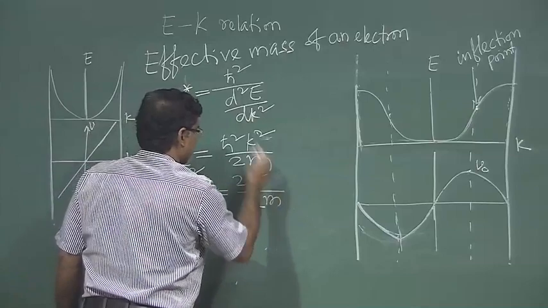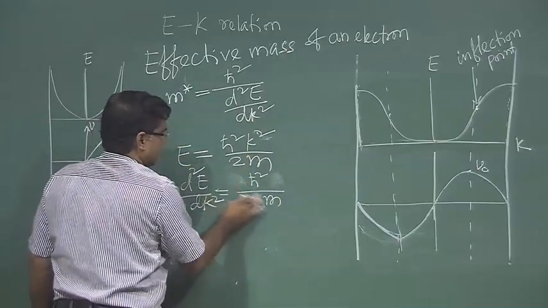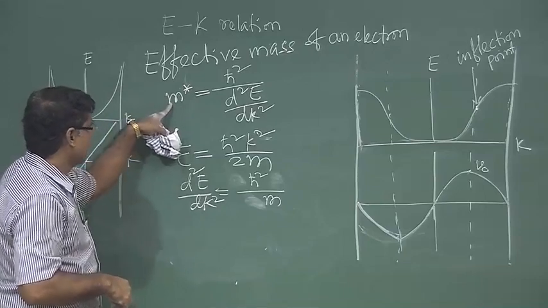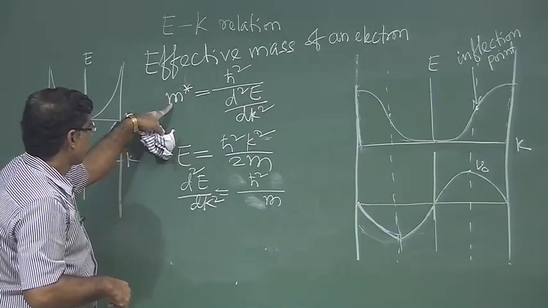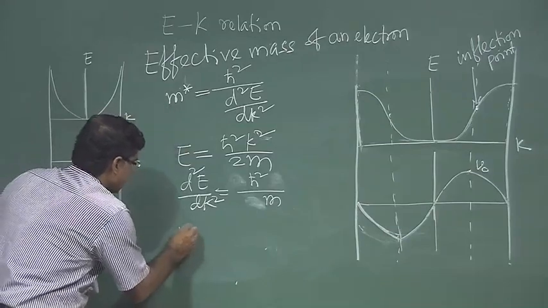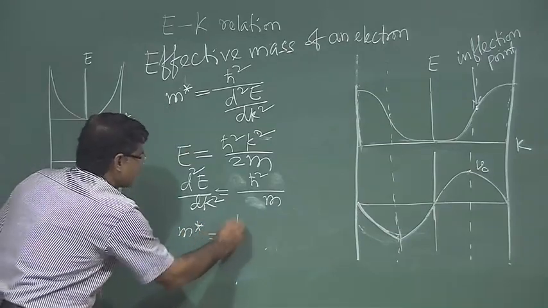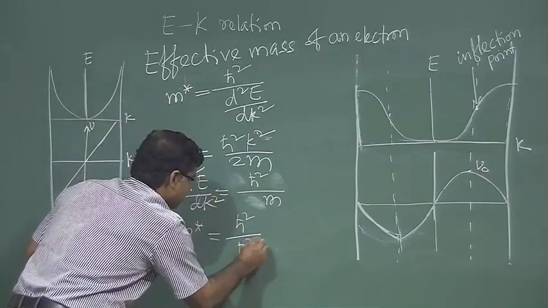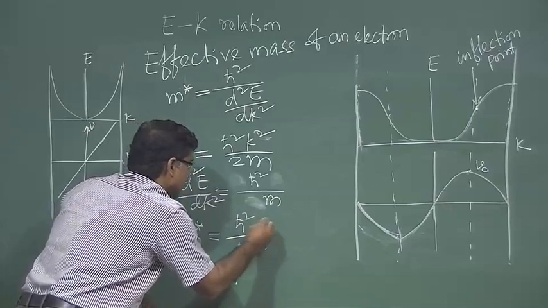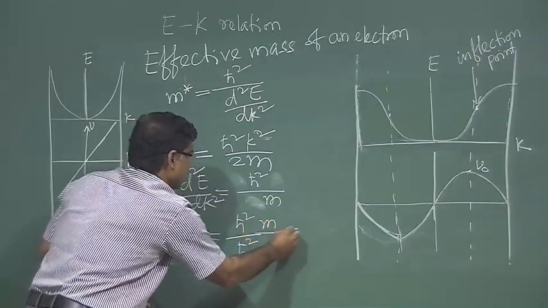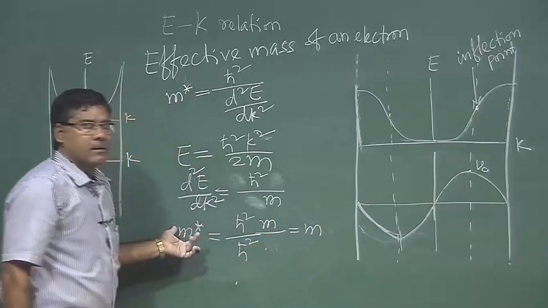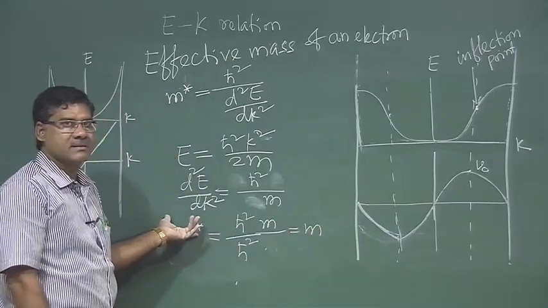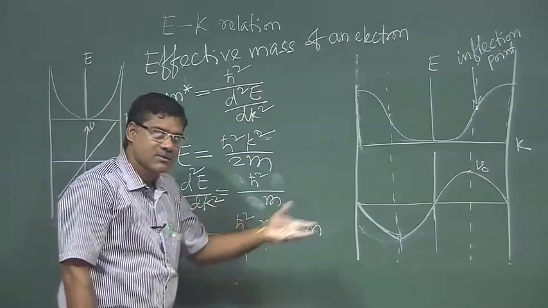So, this k will go, 2 will go. So, h cross square by m. Now, if you put here m star equal to h cross square by this, that means h cross square by h cross square by m, multiply it up, so equal to m, you see. So, for free electron, whatever this effective mass is, it is the same as its original mass.